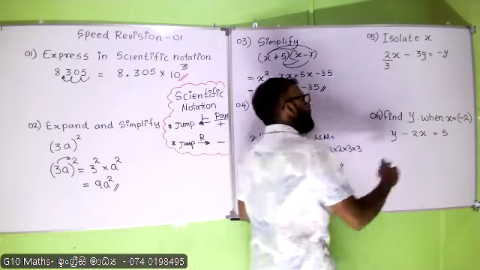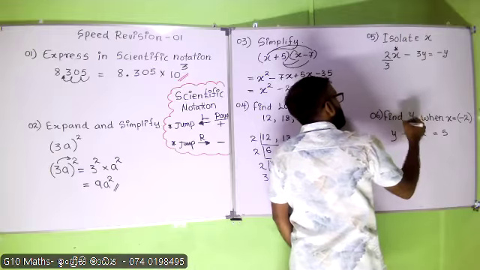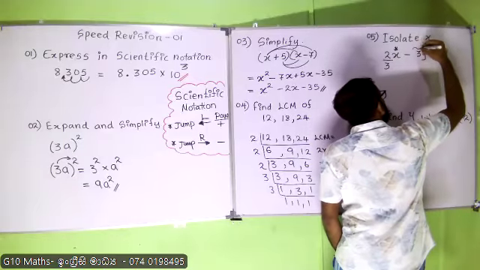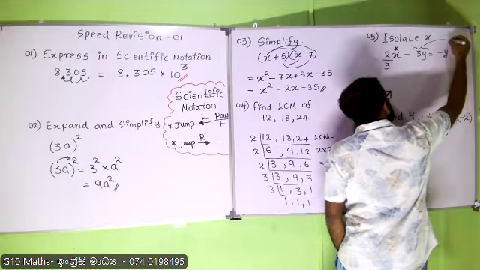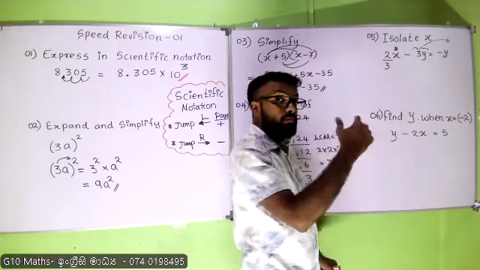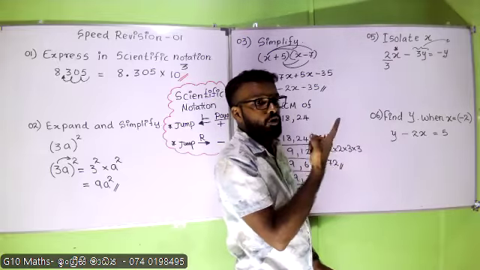Another one. Right? So you have to make this x the subject. For doing that, first of all, you need to take this negative term to the other hand side. So negative 3y becomes positive 3y when it goes to the other hand side of the equal mark.